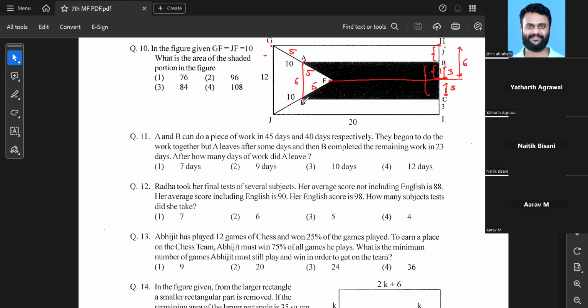Sir, can I use the Pythagoras theorem? Tell me, I'm listening. Sir, what I did is I found the area of the rectangle, then subtracted the area of the triangle, so I got 192.